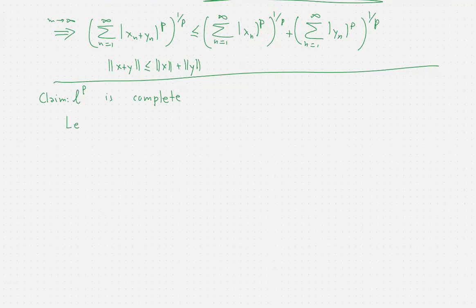So let x_m be a Cauchy sequence in LP. So each x_m is a sequence, right? So each x_m is something like x_{m,n} for n in Z. And we know that the sum from n equals 1 to infinity of x_{m,n} to the pth power converges.